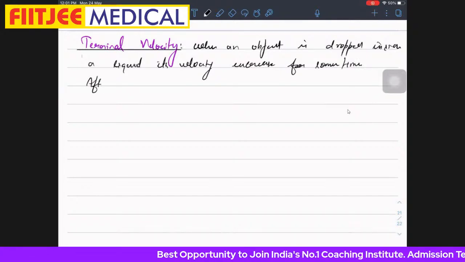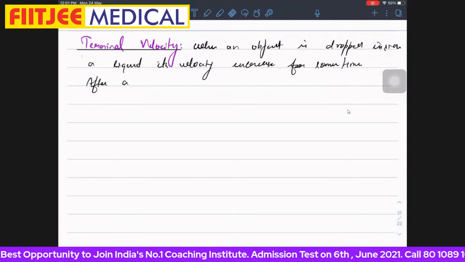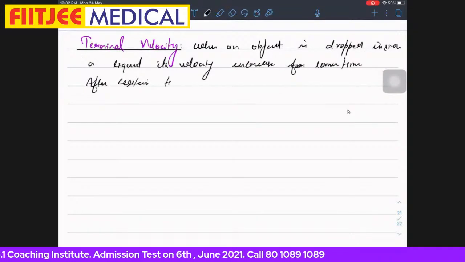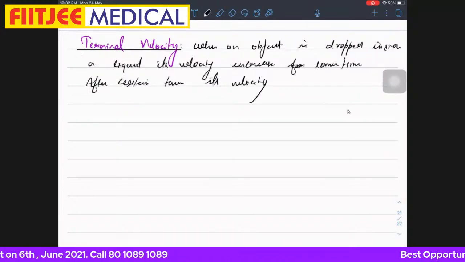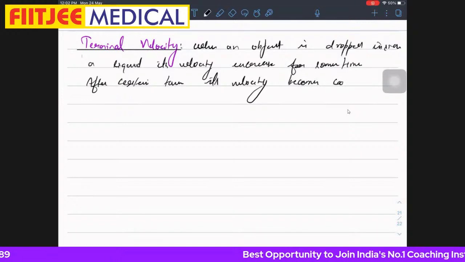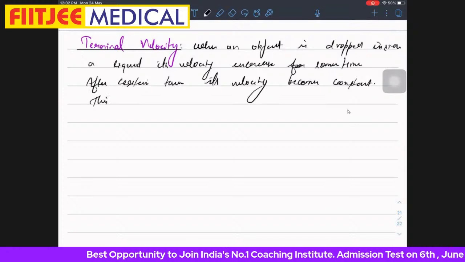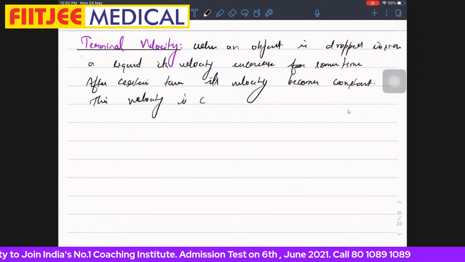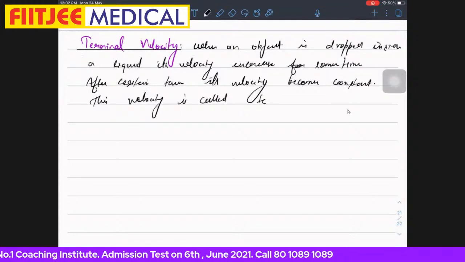After a certain time, its velocity becomes constant. This velocity is called terminal velocity.